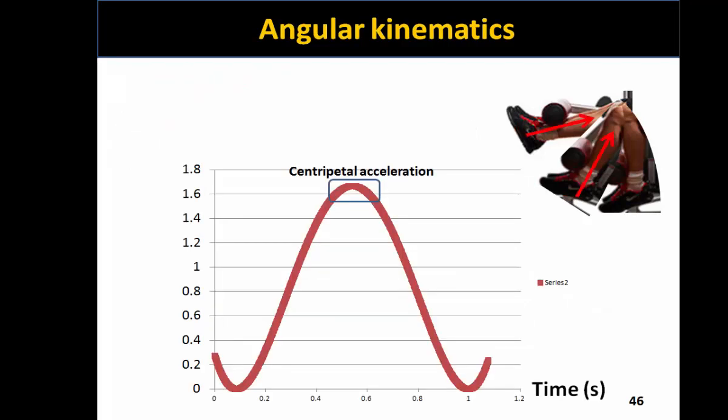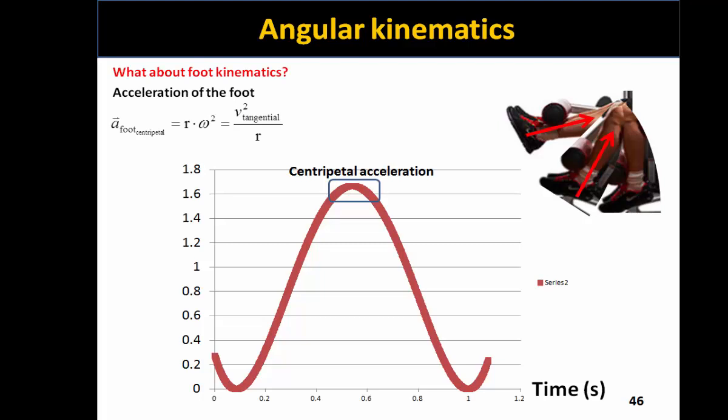Now, when we examine centripetal acceleration, recall this is the acceleration of the foot. It's a linear measure that reflects the tendency of the foot to accelerate towards the knee. Now, we know that the foot doesn't actually move towards the knee, but this acceleration counteracts the tendency of the foot to accelerate away from the lower leg.